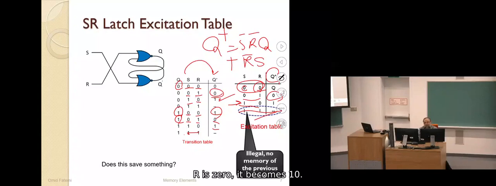Yes, that's good. That works. Q plus is S bar R bar Q plus R bar S. Could you try it? You see it works. And Q plus is the next state of the circuit.